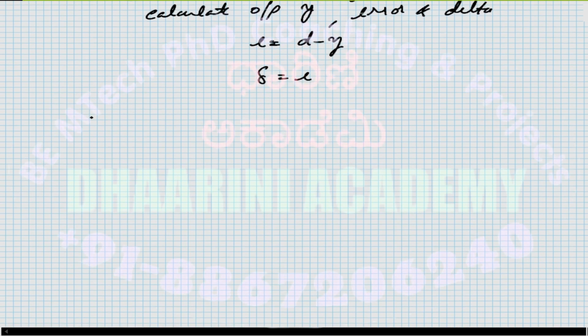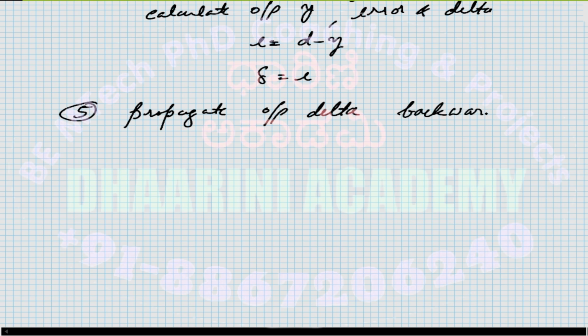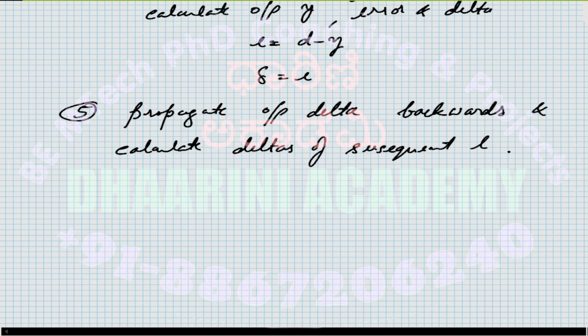Once it is done for the output, step number 5: you propagate the output delta value backwards and calculate the deltas of subsequent layers. How do you calculate that?